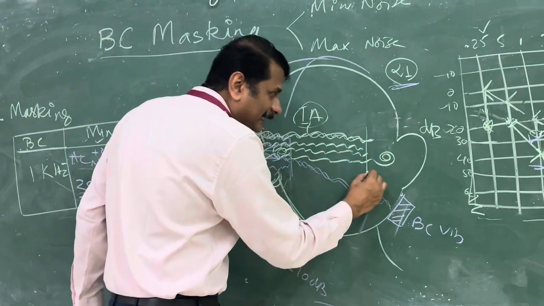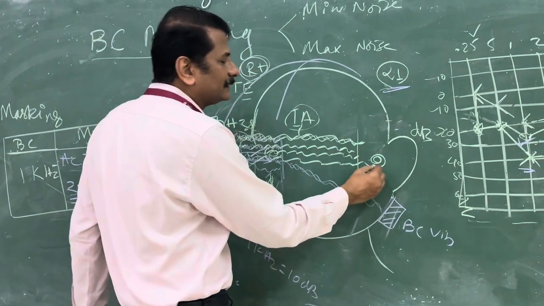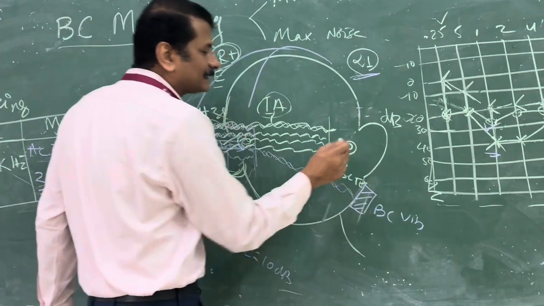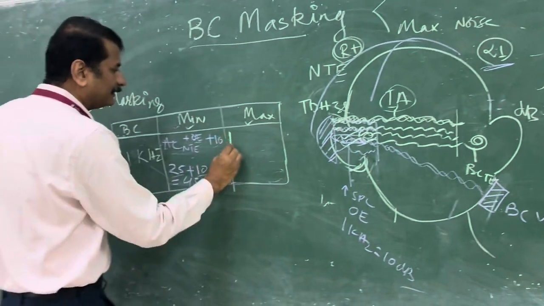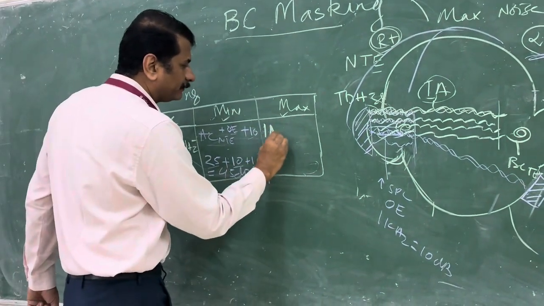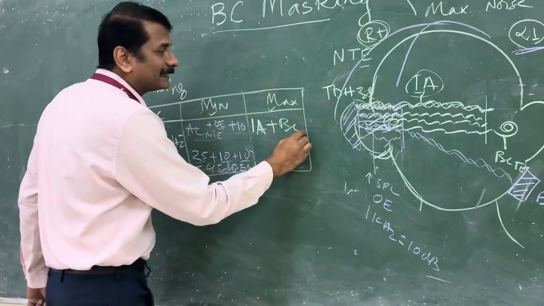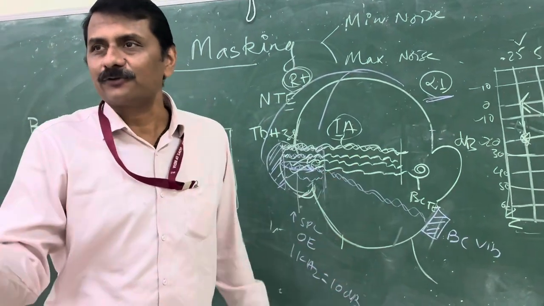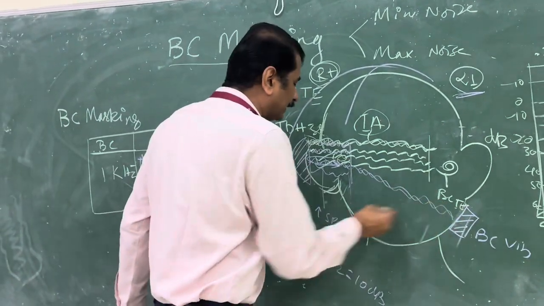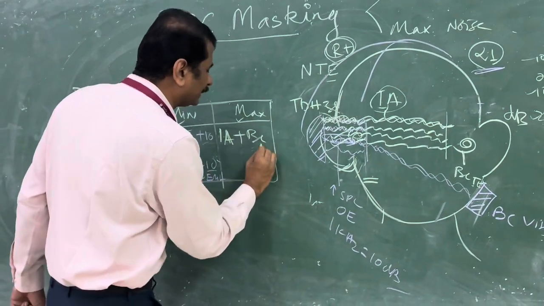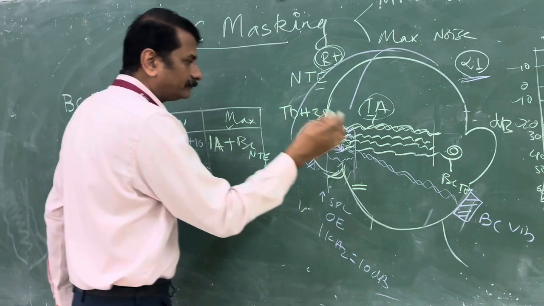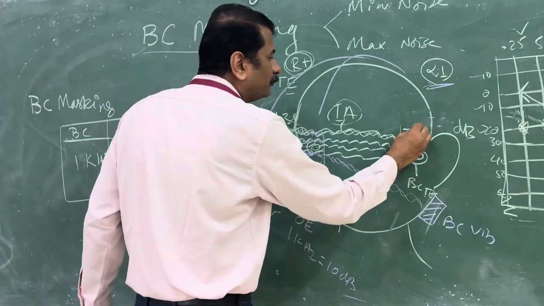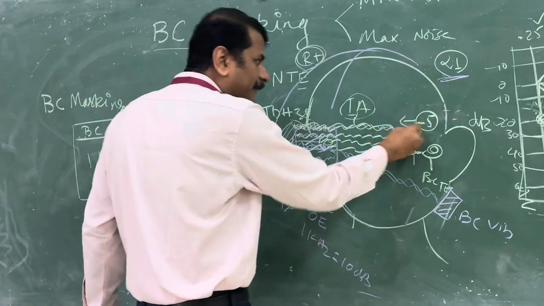It should be reaching till here, but to affect the other ear's BC, we should know the BC of the test ear in this case. So IA plus BC of the test ear. But do we know the BC of the test ear? No, we are finding it out. So as a convention, we take the BC of the non-test ear. Yes, but it should not enter into the other cochlea, so we do minus 5 so that it is kept away from the cochlea.